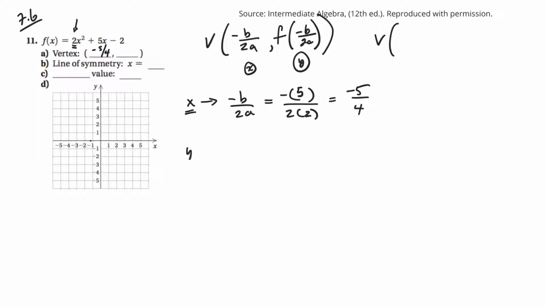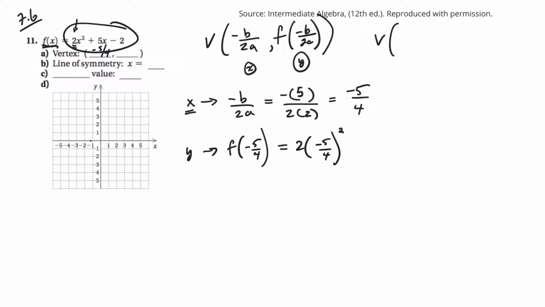The y coordinate, what you do is you find the value of the function f when you plug in negative 5/4 everywhere you see an x. So the function is up here. It's 2 times negative 5/4 squared, plus 5 times negative 5/4, minus 2.